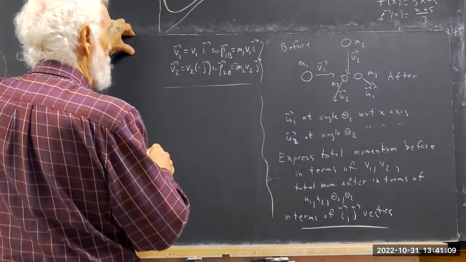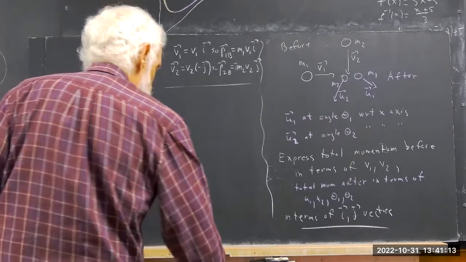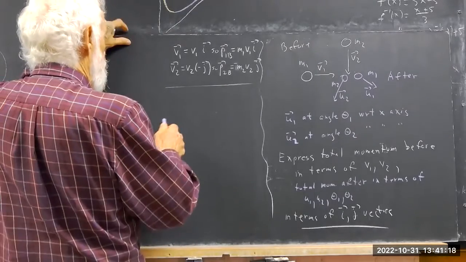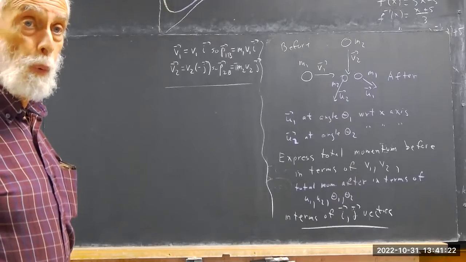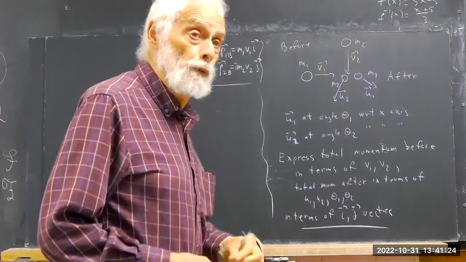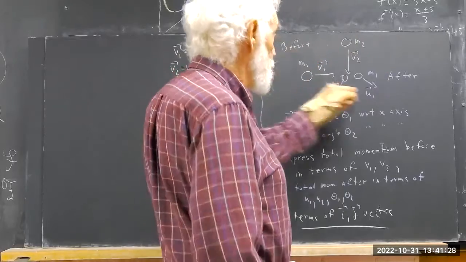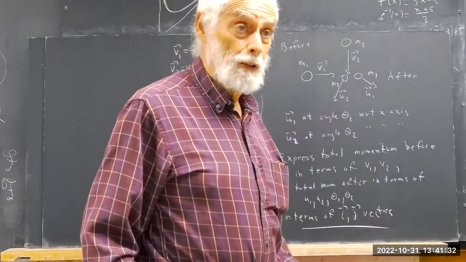So after collision, now we have to specify what we mean by these angles. There are two ways we can measure the angles with respect to the x-axis: either from the positive x-axis all the way around, or from the nearest angle to the x-axis.